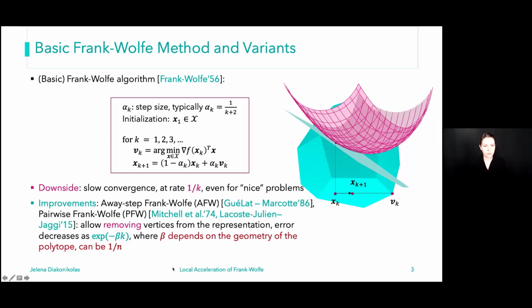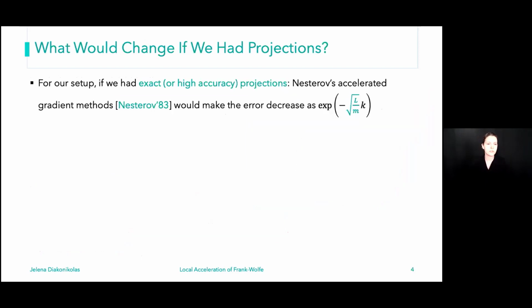Now, this is what things look like when you rely on a linear minimization oracle. But if you look at the methods that are based on projections, so if you assume the stronger oracle access to the polytope, then you would get a much better rate of convergence. Here you would be contracting with the square root of the condition number, smoothness over strong convexity.